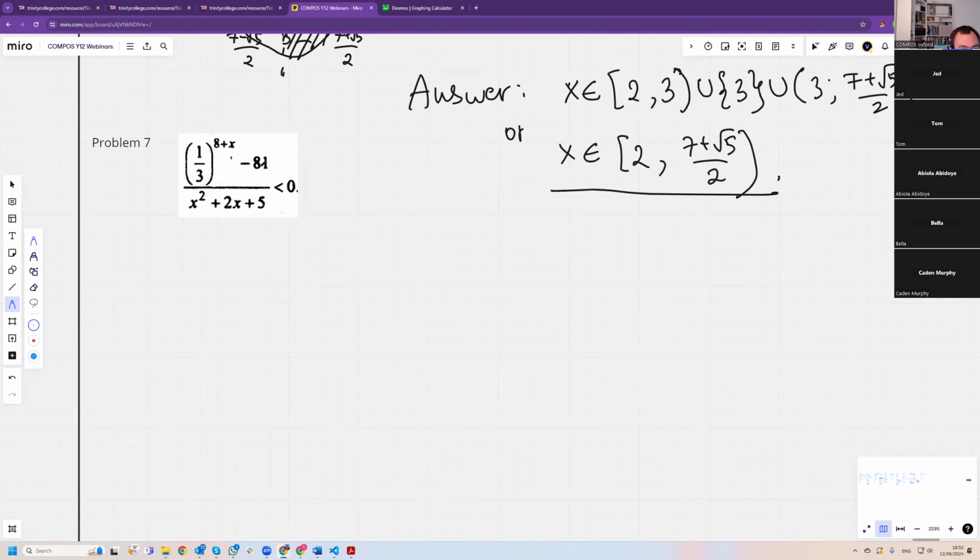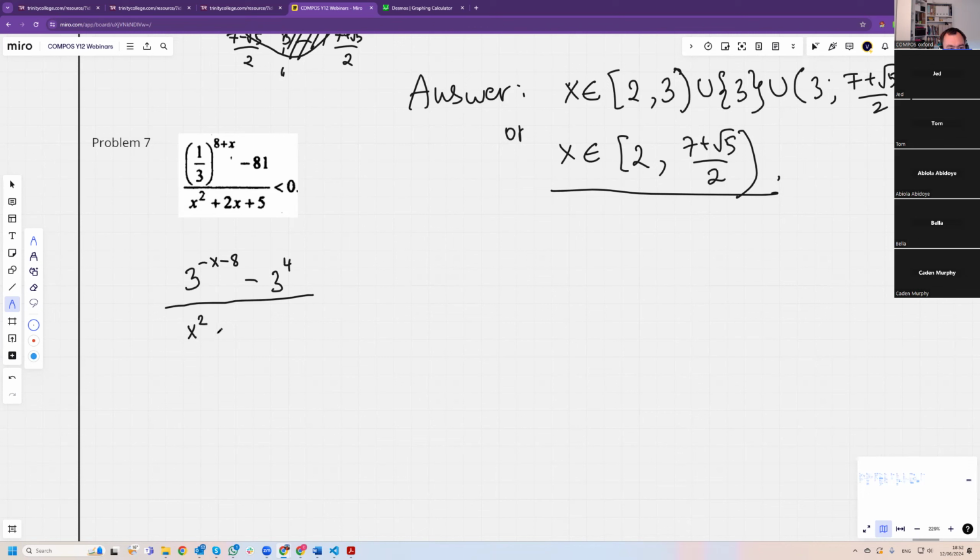I'm going to write this out as 3 to the power minus x minus 8 minus 3 to the power 4, divided by x squared plus 2x plus 5. Well, I can factor that, I believe. Can I? I don't think I can factor that. Oh yeah, I can't.